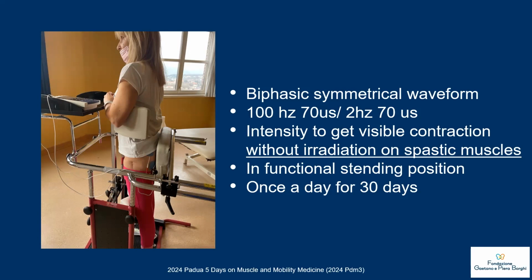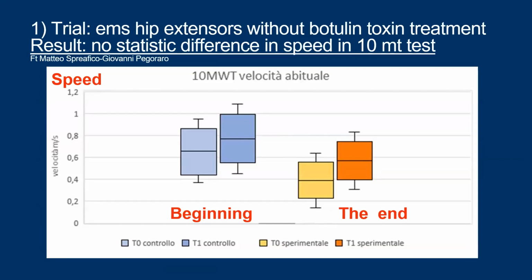We always use it in a functional position, in a standing position, once a day for 30 days. In the first trial, we stimulated all patients without botulinum toxin injection. At the end, after 1 month, we didn't see a good result compared to the control group, and so we asked ourselves why there was not a significant improvement.